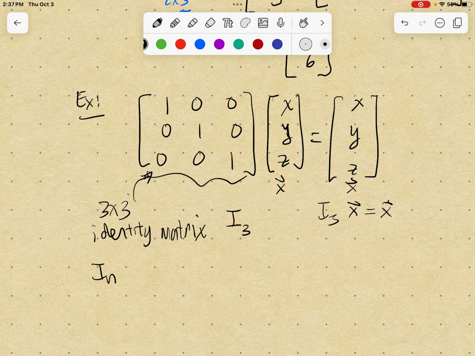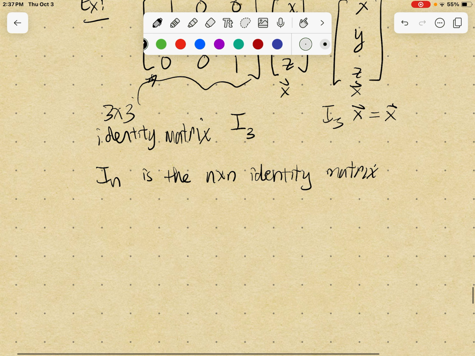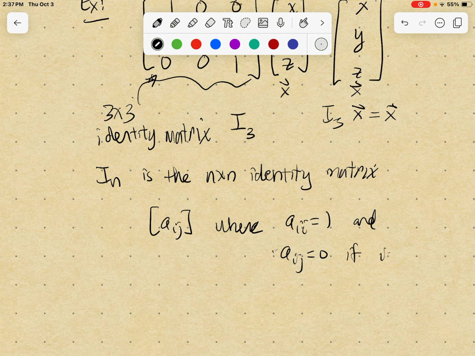And in general, In is the n by n identity matrix, which is defined to be the matrix Aij, where Aii is 1, and Aij is equal to 0 if i is not equal to j.